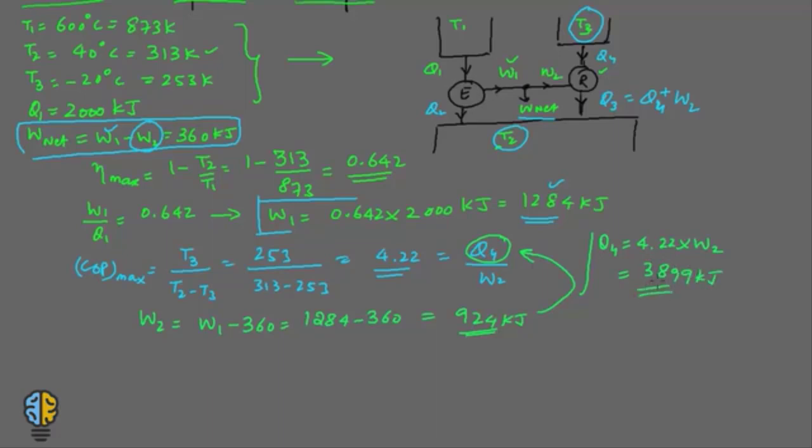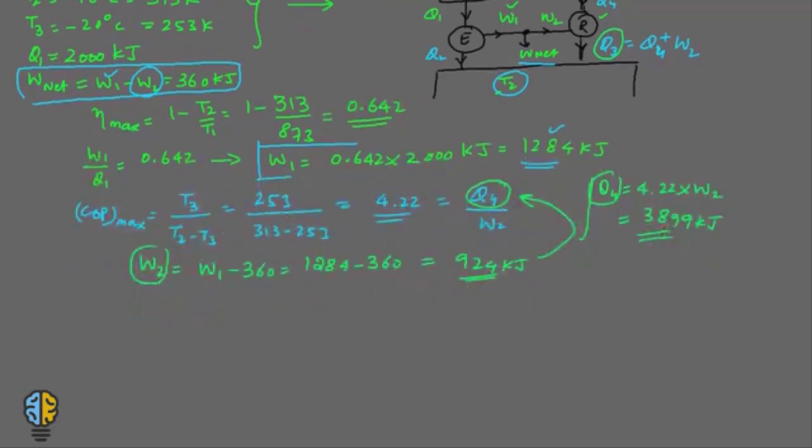I'm sure you can all do these very simple calculations on your own with your scientific calculators. Now with Q4 known to us and W2 known to us, we can easily find out the value of Q3, isn't it? So let's find that out. Q3 is equal to Q4 plus W2, which is equal to 3899 plus 924.